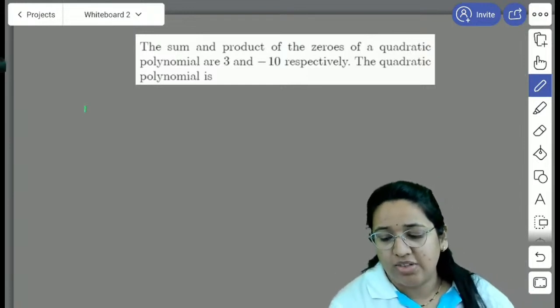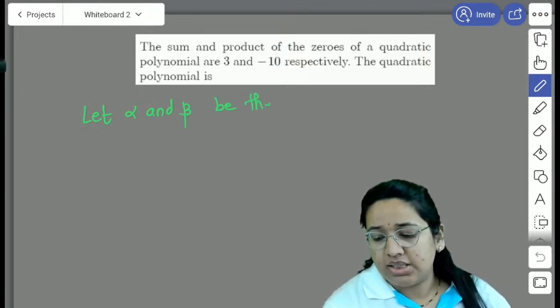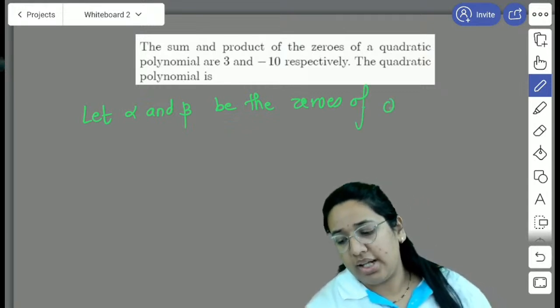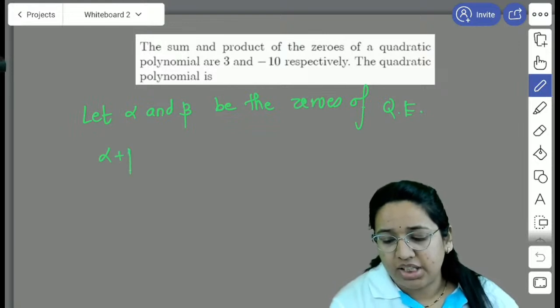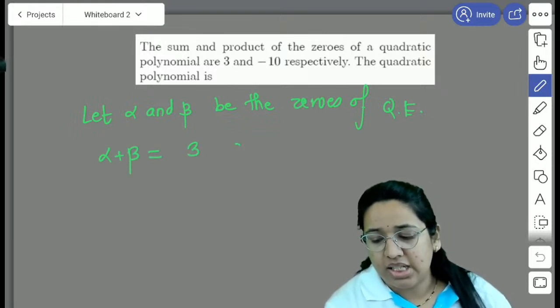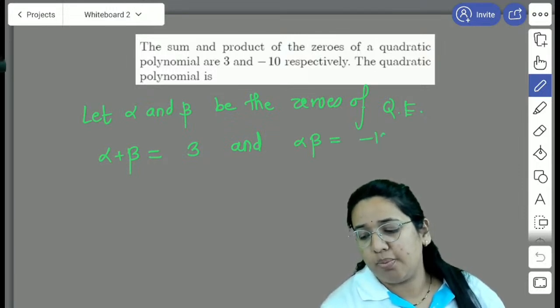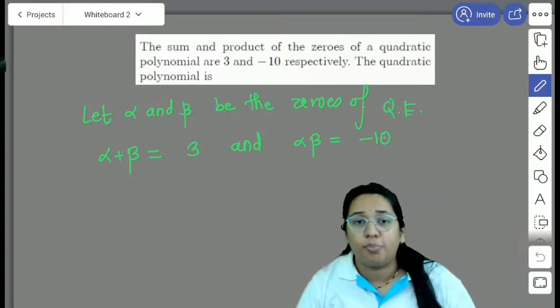So first of all, I will say let alpha and beta be the zeros of the quadratic equation. Using the given condition, the sum is 3 and the product is minus 10. So we have to find the quadratic polynomial.